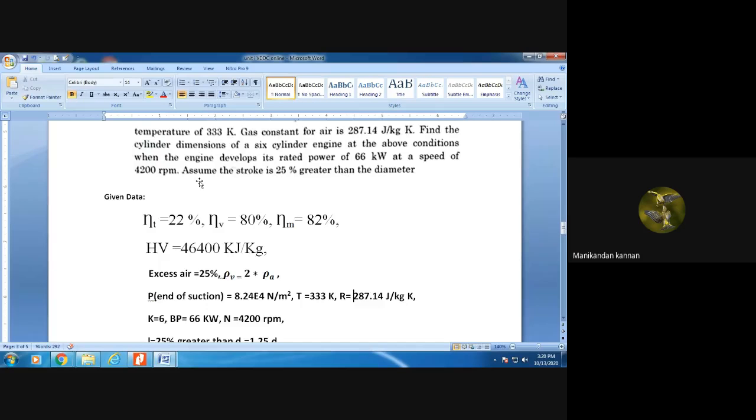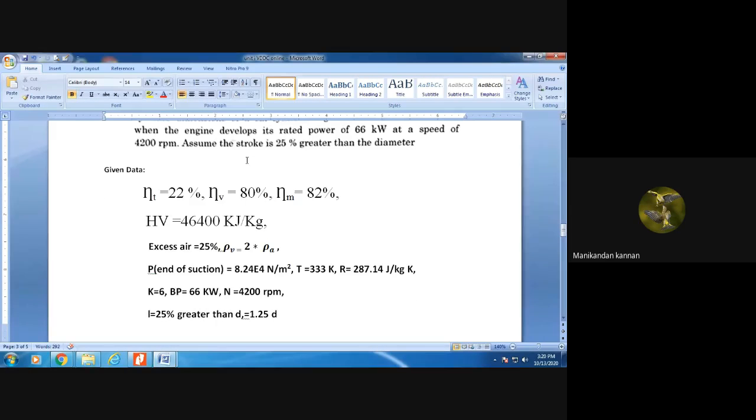And you have to fix the stroke and diameter: L is 25% greater than D. Always the diameter will be less and the stroke more. If the diameter and stroke are the same, we say it is a square engine. Remember this term also. In our case, stroke is greater than diameter.